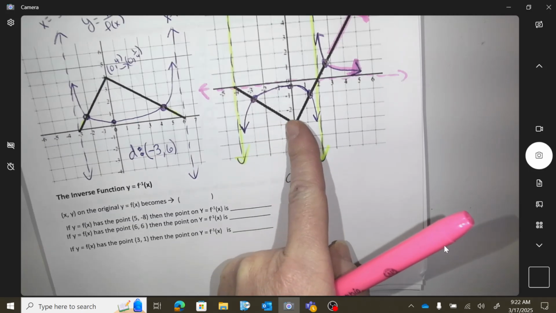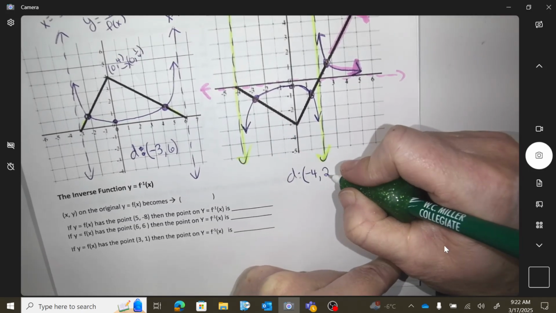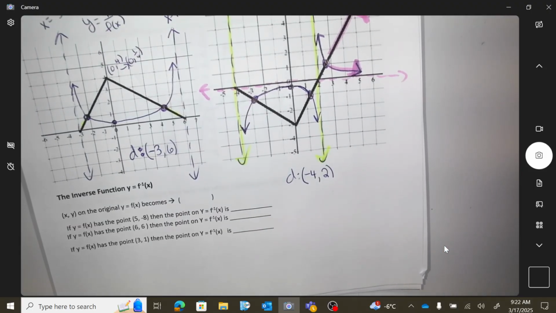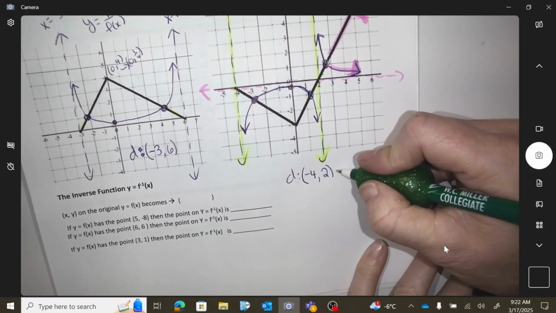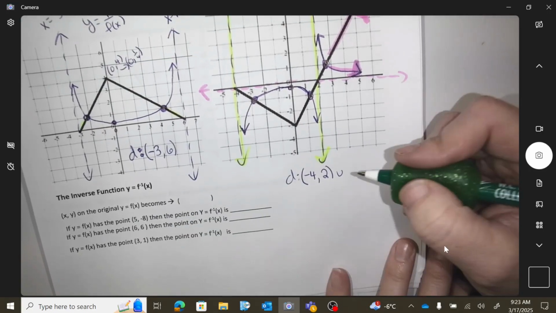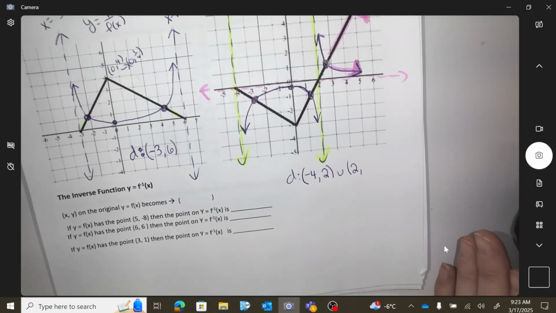I can go to 2. Can you hit 2? No, so you have to take a break. Okay, so can you step over top of 2 now? Or are we going to continue? Can we continue right away after 2?